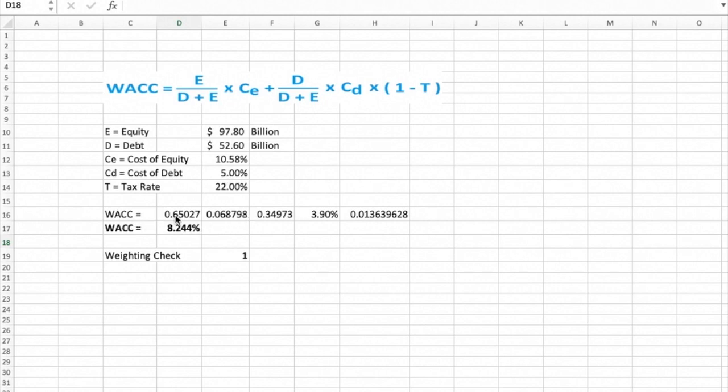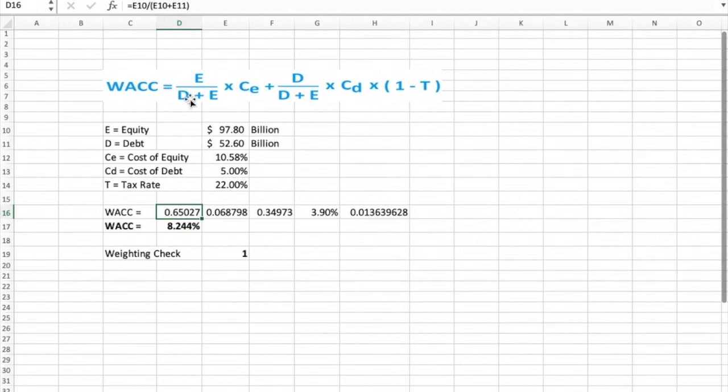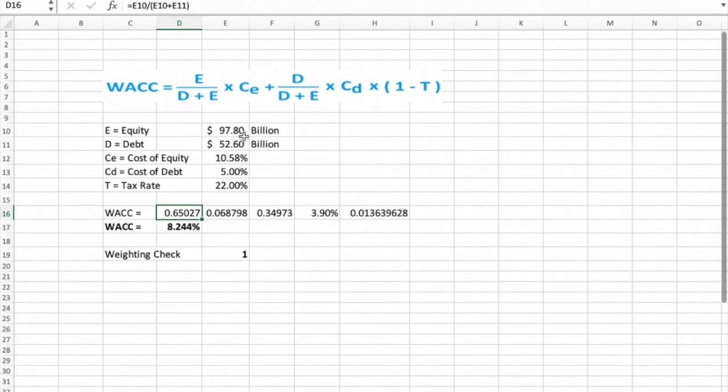Now these are some sub-formulas that I put in here, number crunching, just to take this formula and add up its constituent parts. The first number here is equity divided by debt plus equity. So there we're looking at 97.8 over 97.8 plus 52.6, right? If I double click on it, you can see the formula up there.